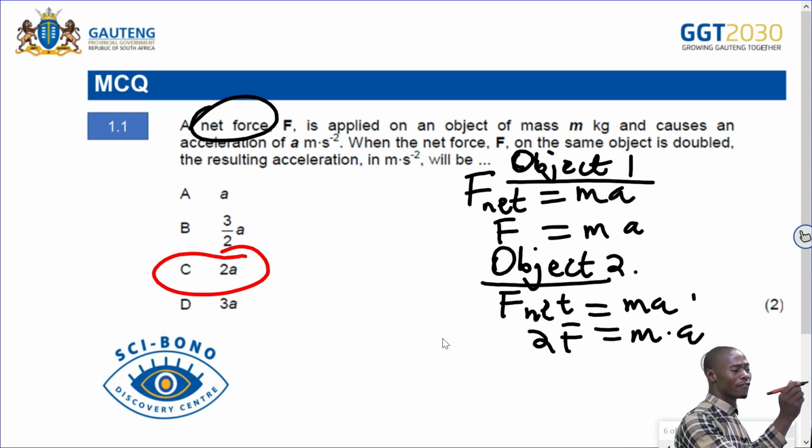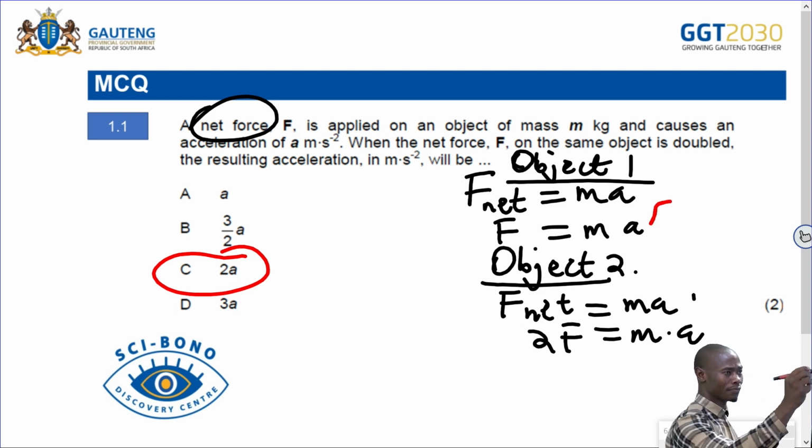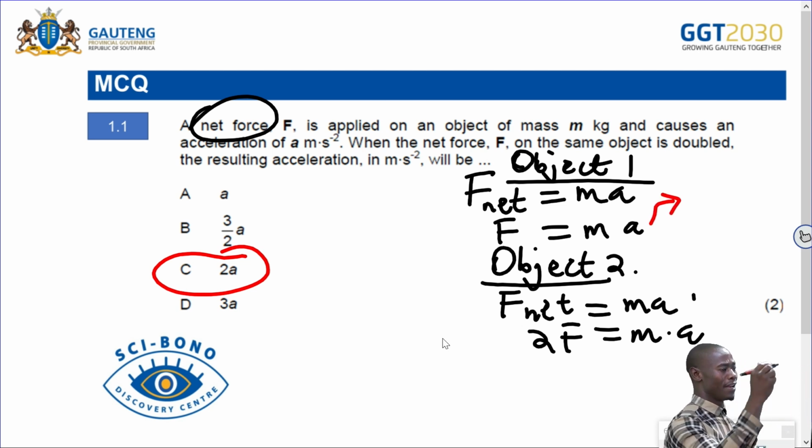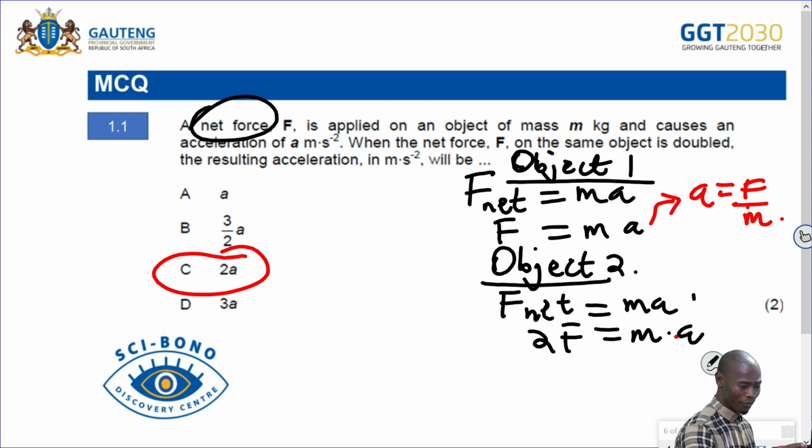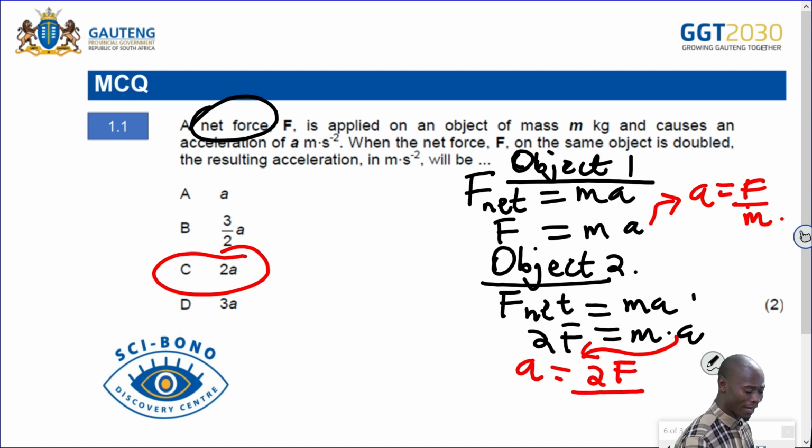Remember here we are looking for acceleration. Okay? Here I'm making A the subject of the formula, right? So acceleration will be F over M. Then for this one, A will be twice F over M. Okay?